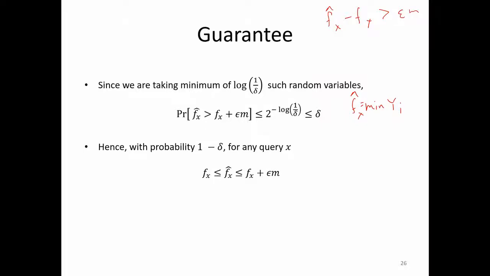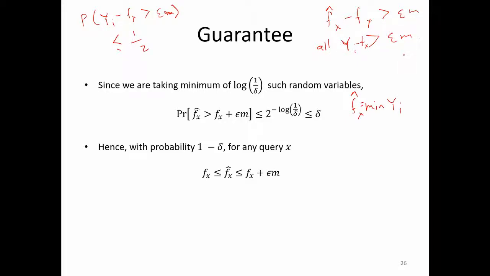This would happen if all yi minus f of x exceed epsilon m, and we know that the probability that yi minus f of x exceeds epsilon m is less than or equal to half. So what is the chance that all of them will exceed?